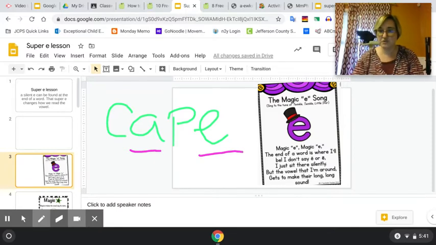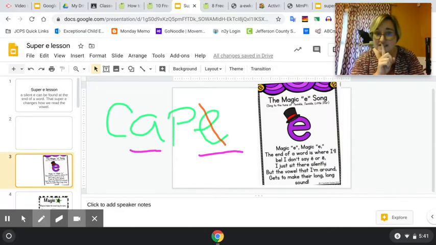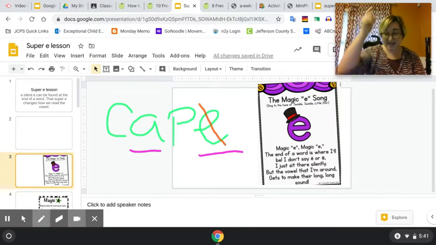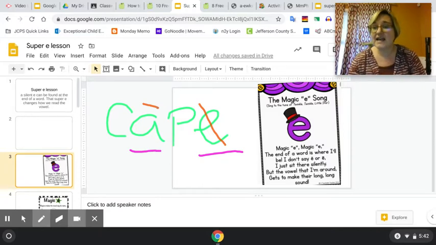Remember, if it's at the end of a word, it's the magic E. We don't say eh, and we don't say E. It is silent. And instead of saying ah, we're going to say A. Instead of saying app, like in cap, we're going to say A, the long vowel. So we're going to say ape. Cape. What's the word? Cape. Good job.